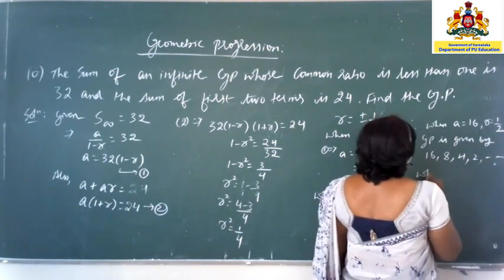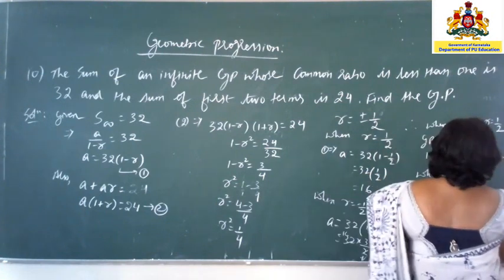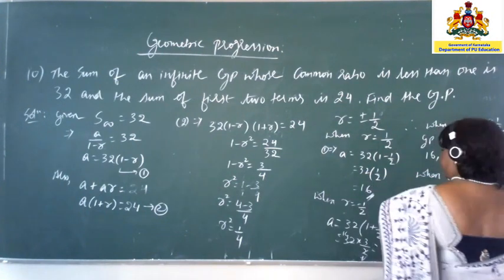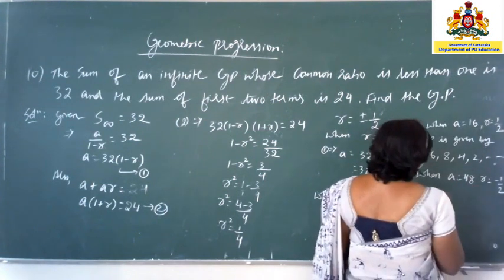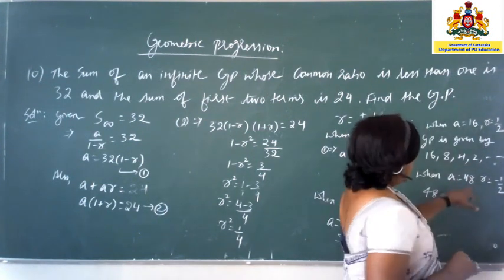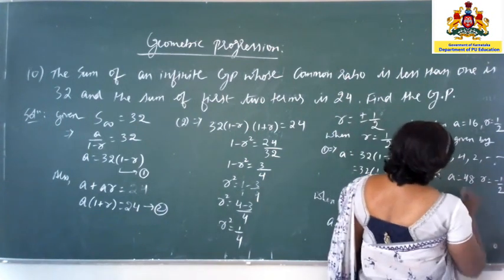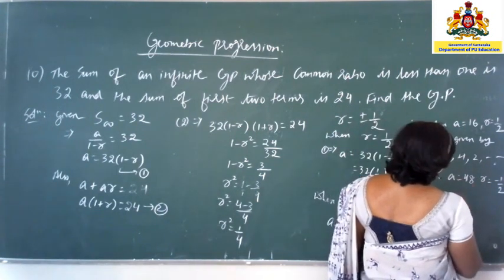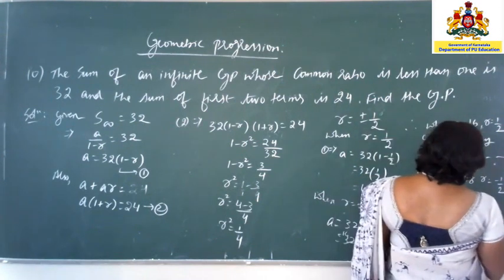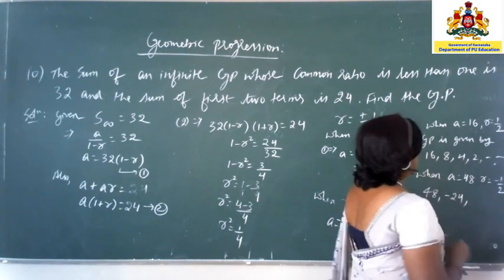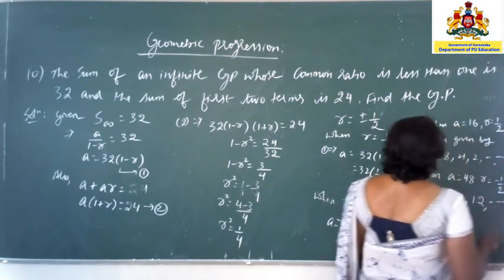So when A is equal to 48, R is equal to minus 1 by 2. A is 48, then into minus 1 by 2, AR, so that will be equal to minus 24, then into minus 1 by 2, that will be 12, continuous.